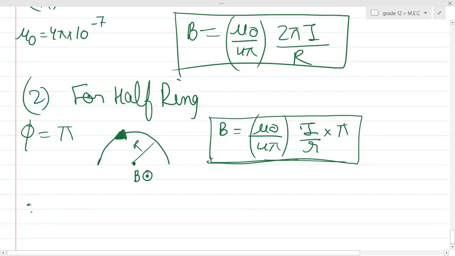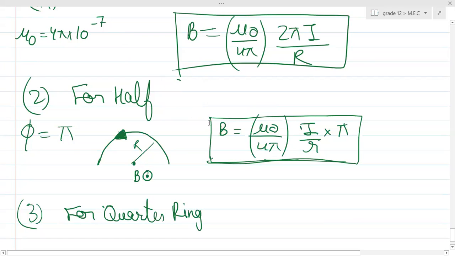Yes, sir. If you take a quarter, then what will it become? For a quarter ring, for a half, for a semicircular loop.